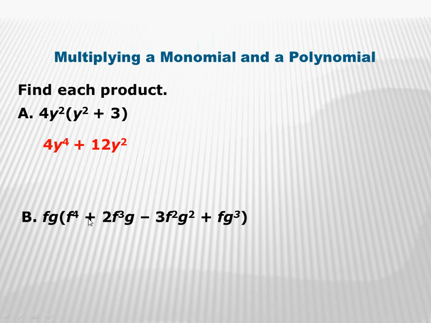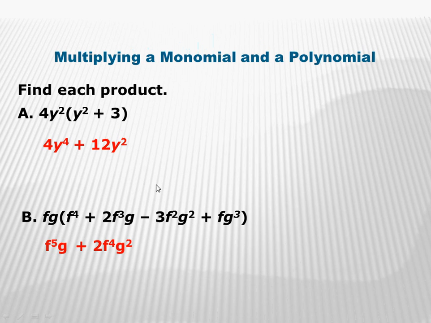We're going to work through this one the same way, only now we have two variables. I have f and g. So when I multiply fg times f to the fourth, I have f to the fifth g. So that's my first term. Then I'm going to distribute the fg to the 2f to the third g. When I do that, I get a positive 2f to the fourth g squared.